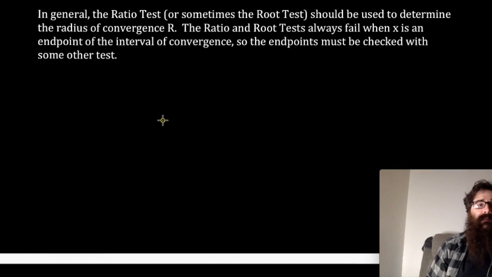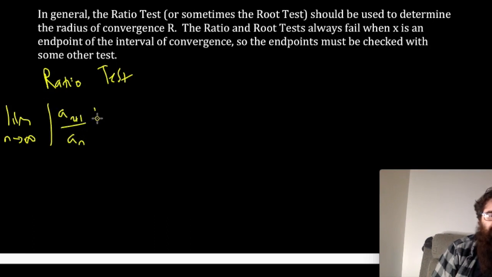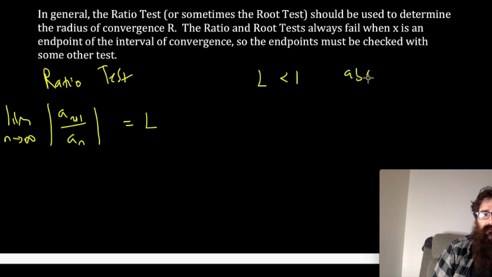If we want to remember what the ratio test looked like, let's talk about the ratio test here. We're looking at the limit as n goes to infinity of the absolute value of a sub n plus 1 divided by a sub n. And this gives us some value L. If L is less than 1, we have absolute convergence.